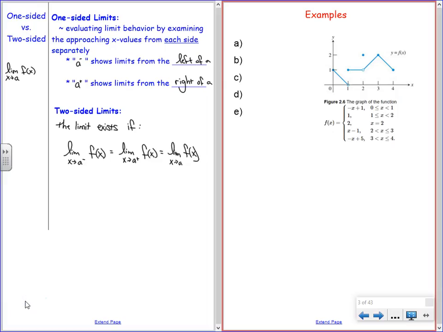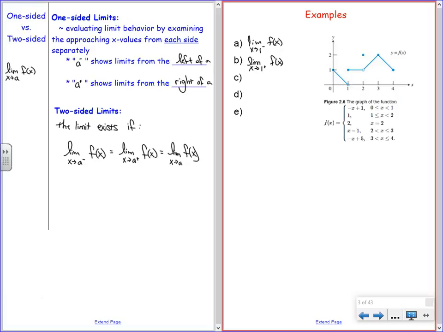Hello again, Joyce. Okay. The limit as x approaches... At f of 1, is that a non-removable discontinuity?